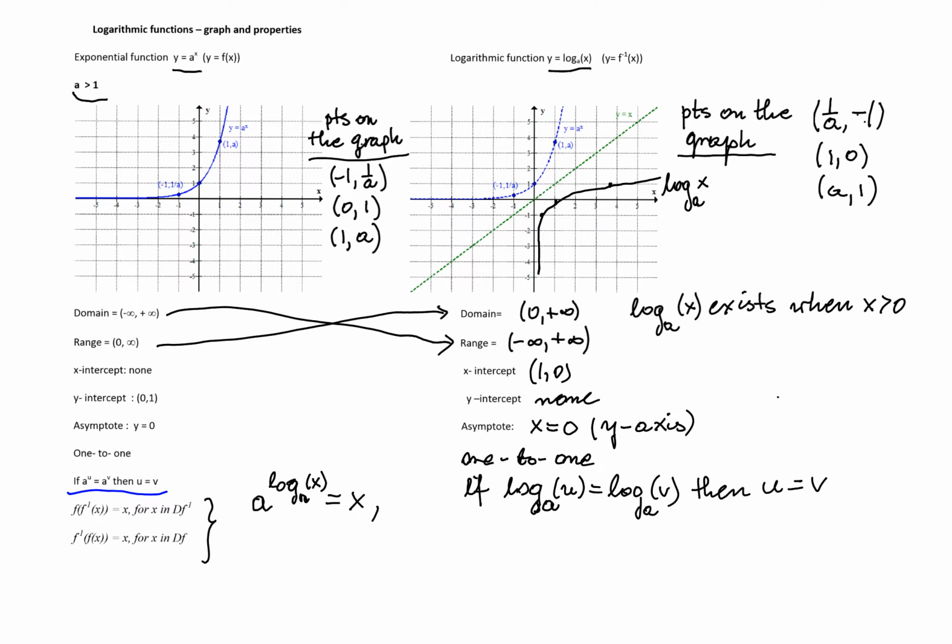This is the identity if you compose those two functions. This is for x in the domain of f inverse, so this is true for x greater than 0. And the last property can be rewritten as logarithm to the base a of f of x, which is a to the power x. And this is also going to be x. This is for x any real number.